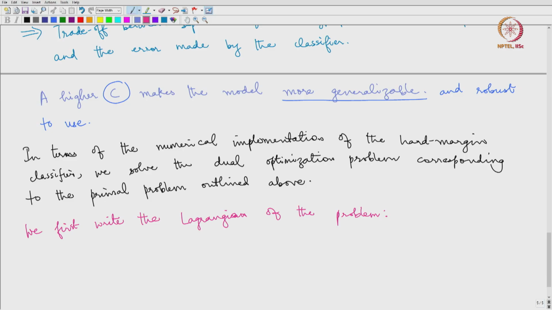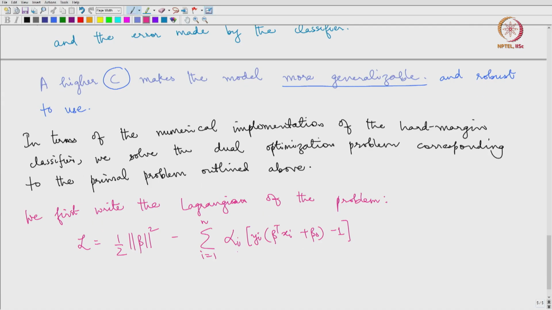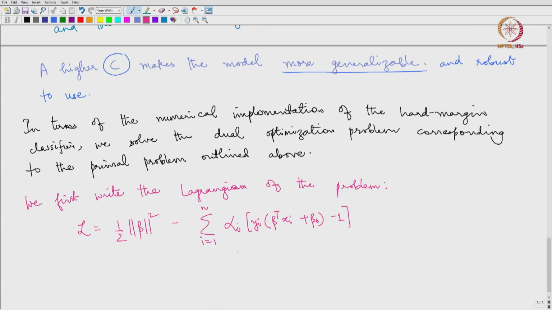So, the Lagrangian L is essentially half norm squared of beta minus the constraints, right, and the constraints you know were, sum over i going from 1 to n, alpha i times yi times beta transpose xi plus beta naught minus 1, right. So, these are the constraints that have to be followed, and these are actually inequality constraints, right. These are not regular equality constraints which are used in the method of Lagrange multipliers, but these are actually inequality constraints, and these alpha i, these are the Lagrange multipliers.